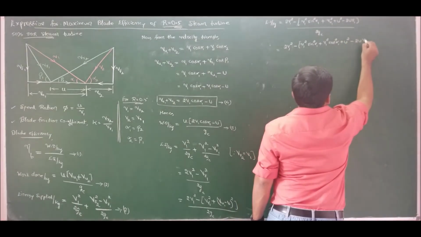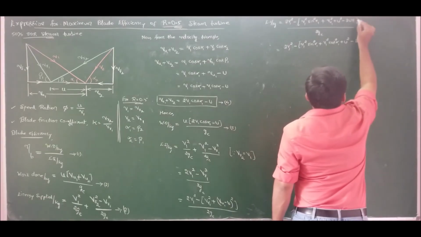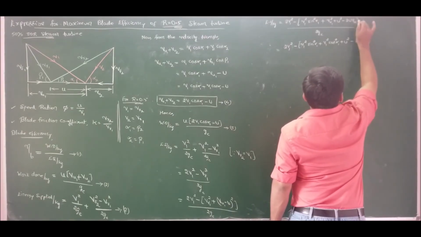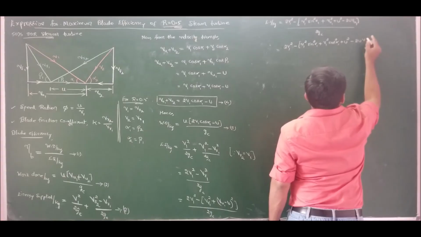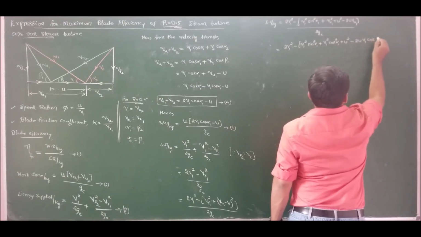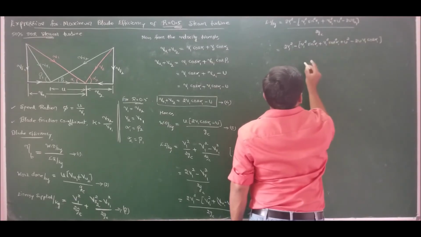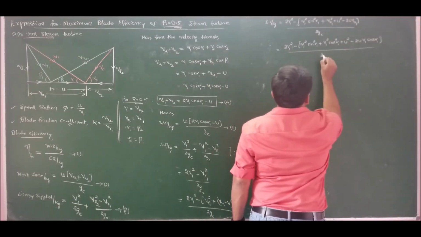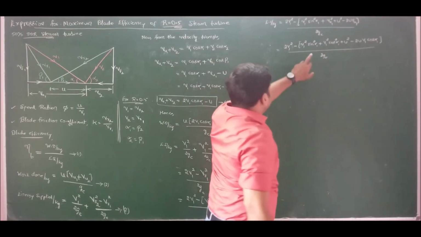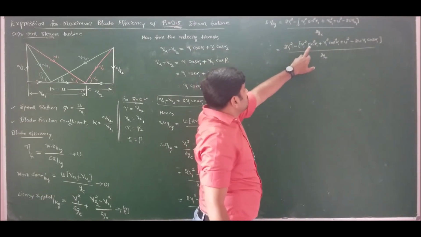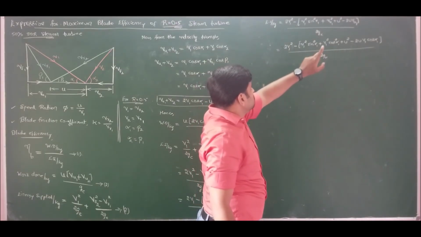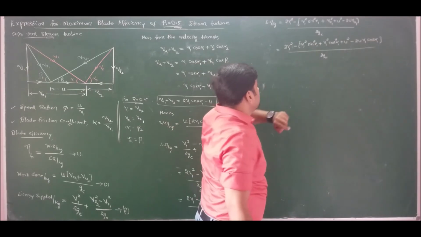vu1 can be written as v1 cos alpha 1, whole divided by 2gc. Here I can take v1 square common, it will become sin square theta plus cos square theta is 1, so therefore this will become v1 square.